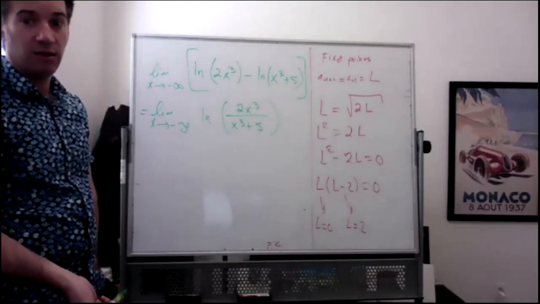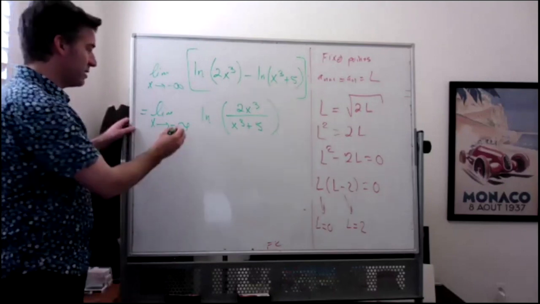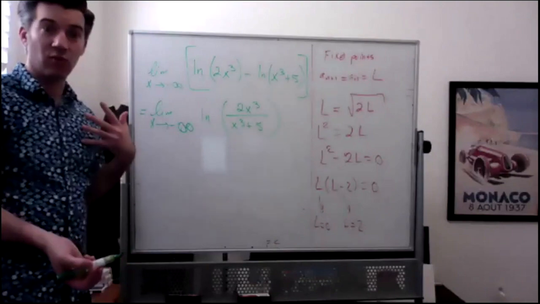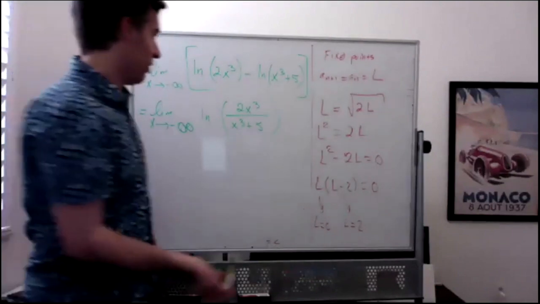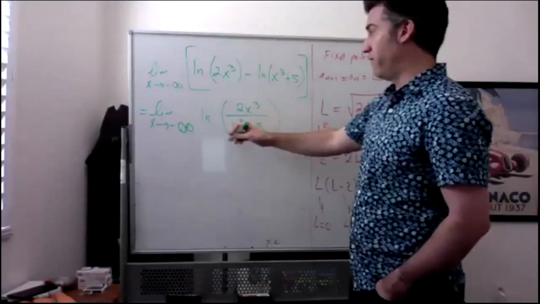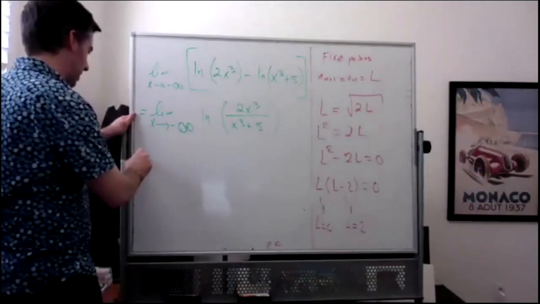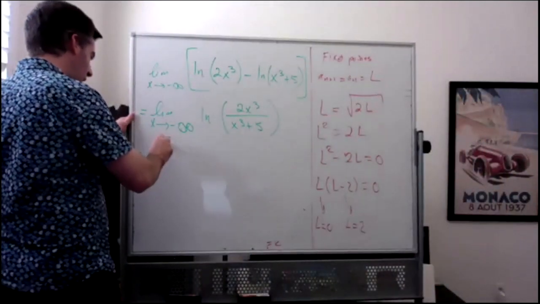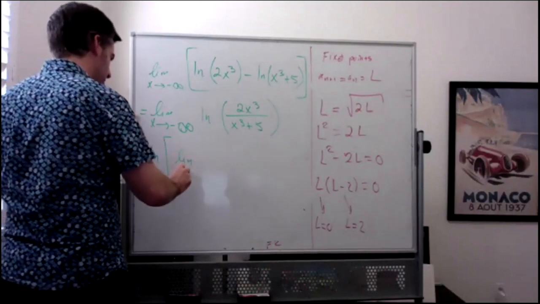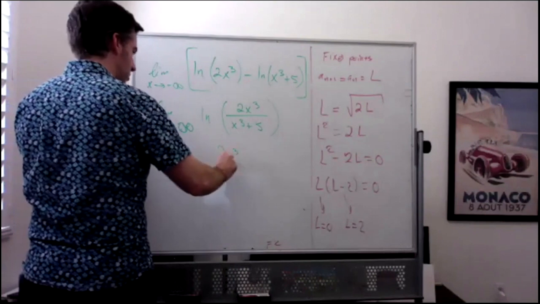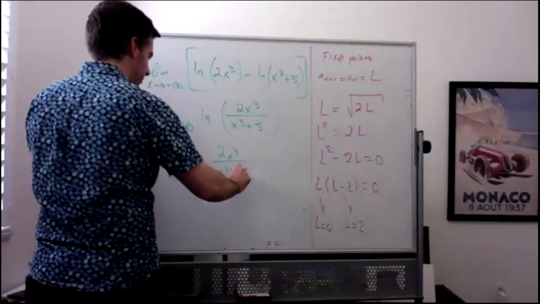Then, if I'm taking the limit as x goes to infinity or negative infinity, I can still use the same rules about coefficients. In fact, I can bring the limit inside. So I can write this as the natural log of the limit as x goes to negative infinity of 2x cubed over x cubed plus 5.